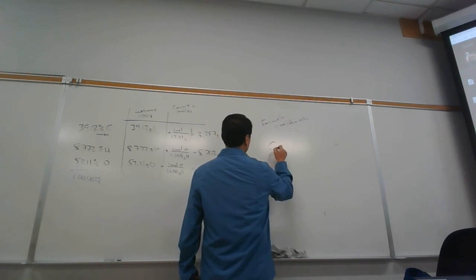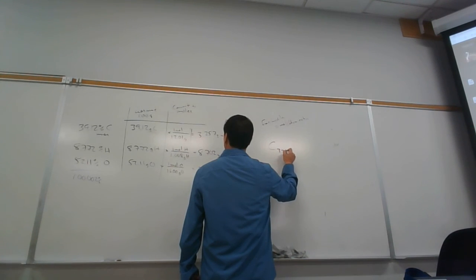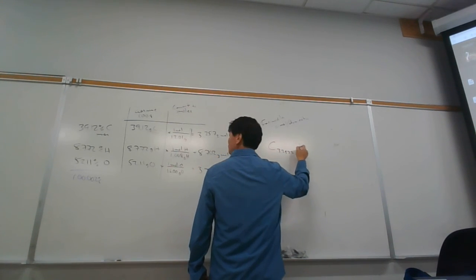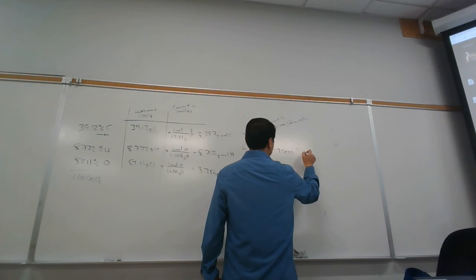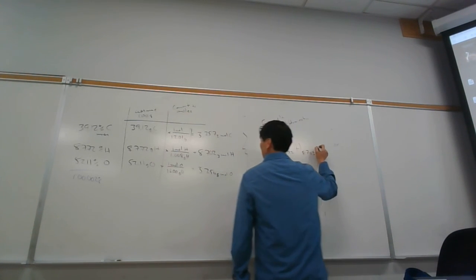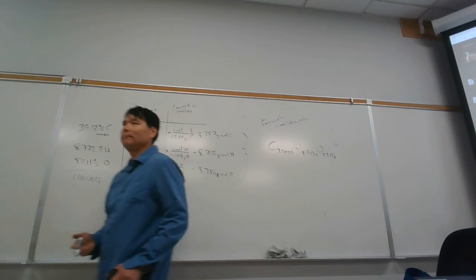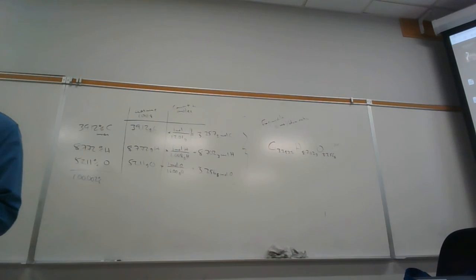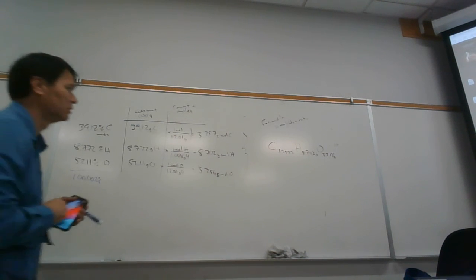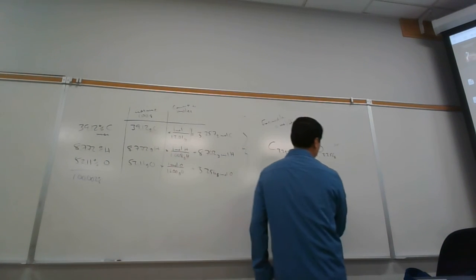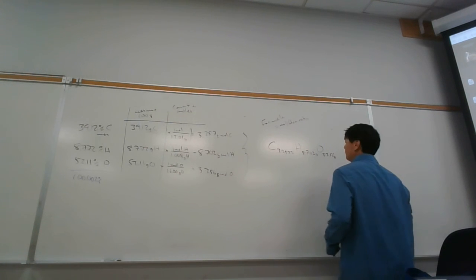I have C 3.2572, H 8.7023, O 3.2568. But it's not so simple, is it? So we need to simplify this and clean it up.